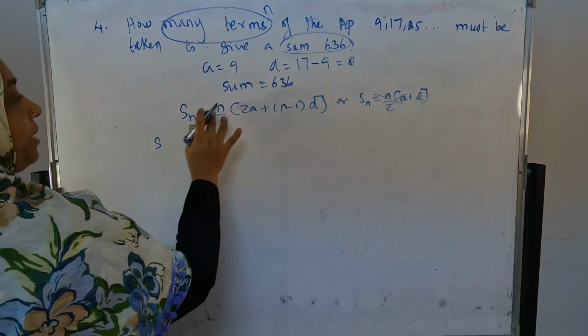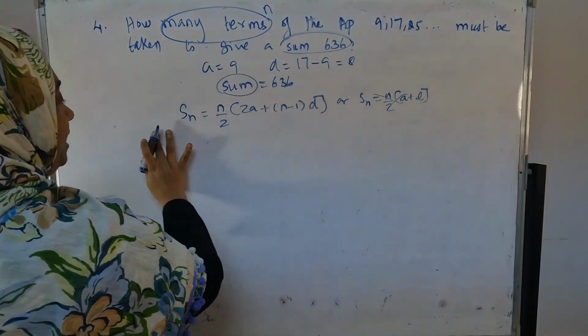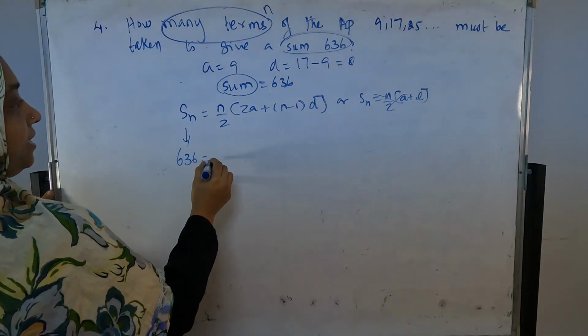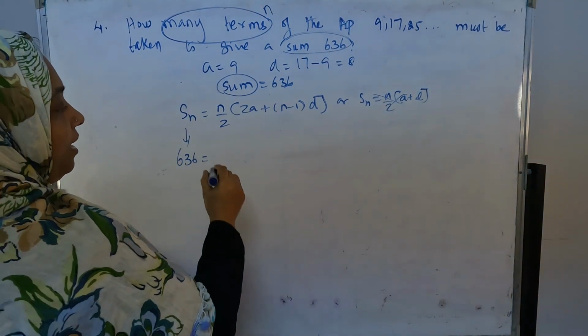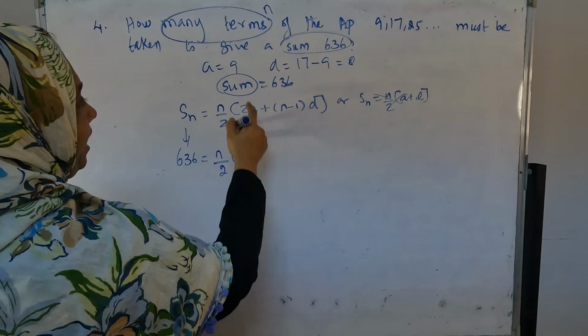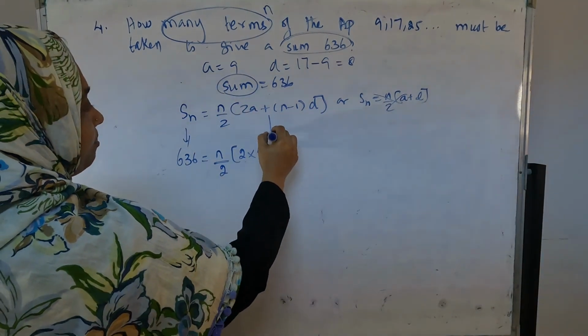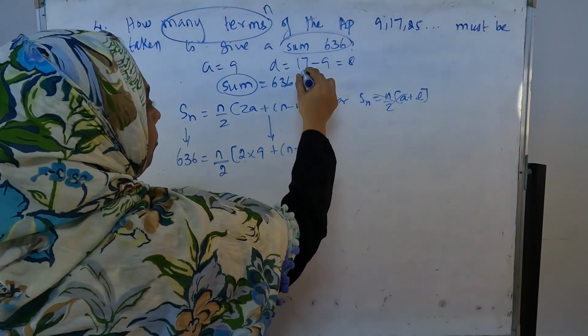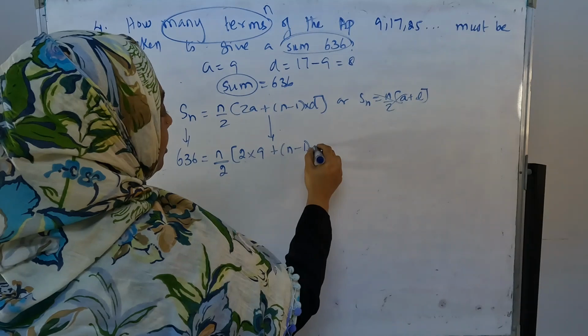So sum is here. In this question you replace 636 because sum they given. n only we are going to find, n by 2 and 2 into a is 9. This plus as it is you write. n we don't know. d we know. d is 8. Between this one is multiplication.